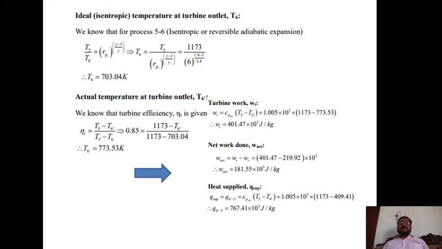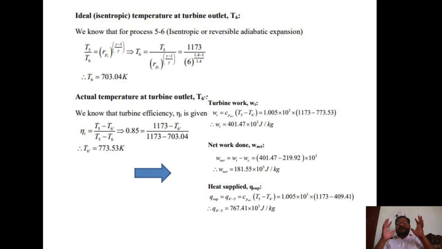Net work done is nothing but WT minus WC. WT is only one turbine. WC is, see here, 109 is added. It becomes WC equal to the total of two compressors. Work absorption by the compressor is nothing but the work absorbed by the first stage of the compressor plus the work absorbed by the second stage of the compressor.